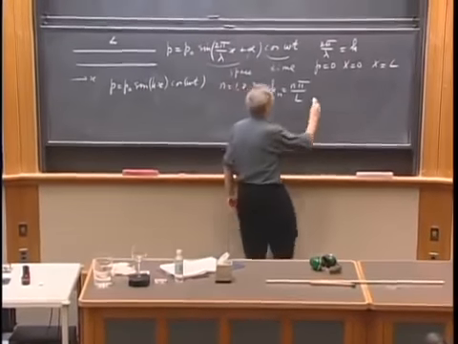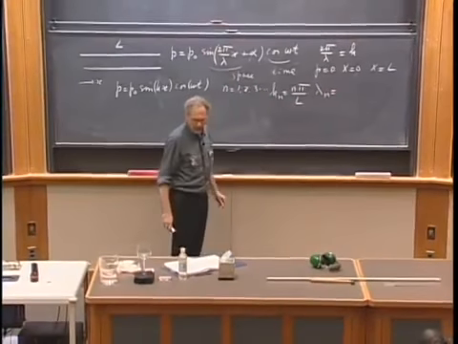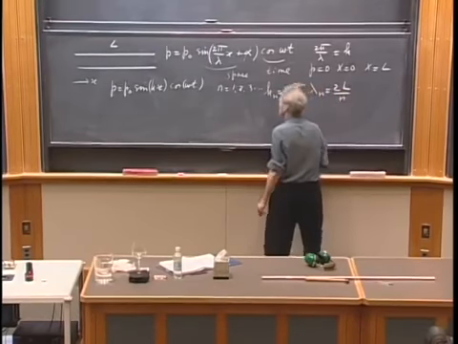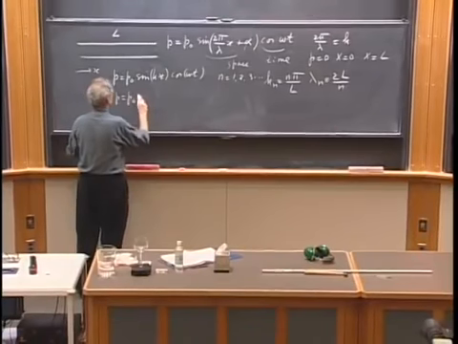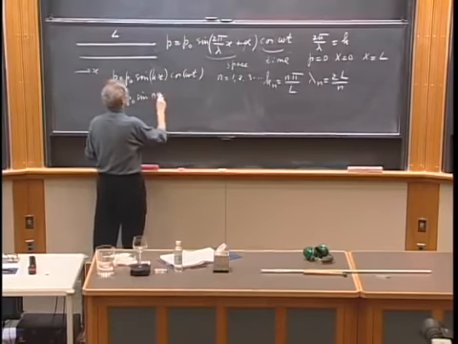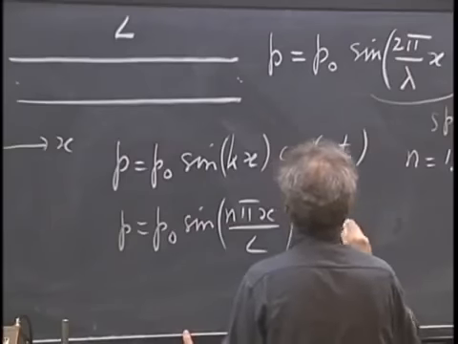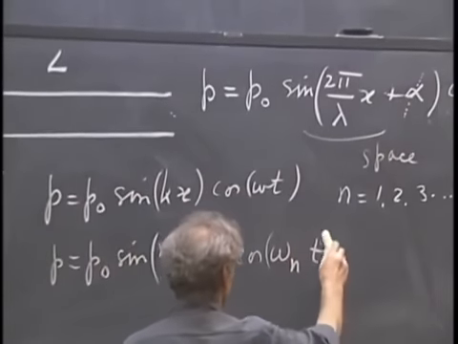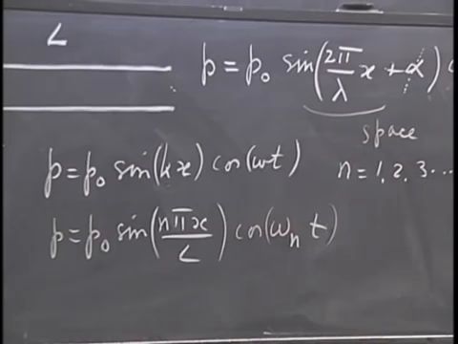And so my lambda of n, which is 2 pi divided by k, is then 2L divided by n. So I can rewrite now this equation as P0 times the sine of n pi x divided by L, and now I have cosine omega n t, because omega n are now the frequencies which are associated with the nth mode, n being n as in Nancy.